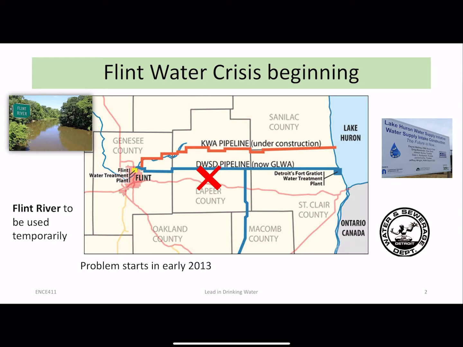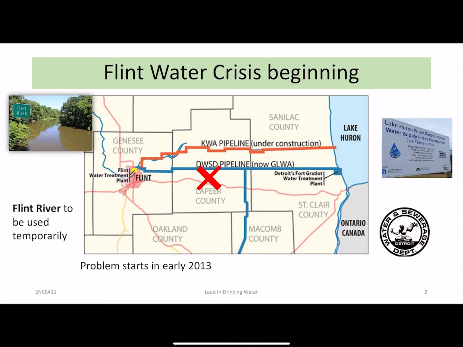But this new authority wasn't ready to deliver the water to Flint because they needed to build a new pipe. So while they were building this pipeline, Flint decided to take the water from the Flint River, as your partner said.